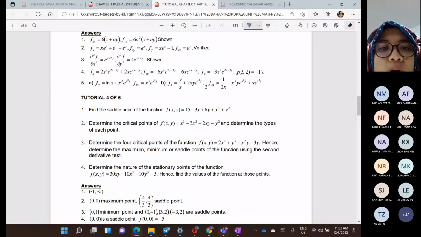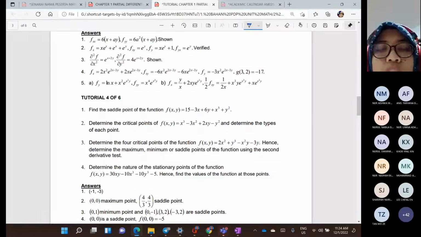Find the saddle point of the function f(x, y) equals 15 minus 3x plus 6y plus x cubed plus y squared. Okay, let's go through the questions first. And then question number 2, determine the critical points of f(x, y) and determine the types of each point. Number 3, determine the critical points. Number 4. Alright.